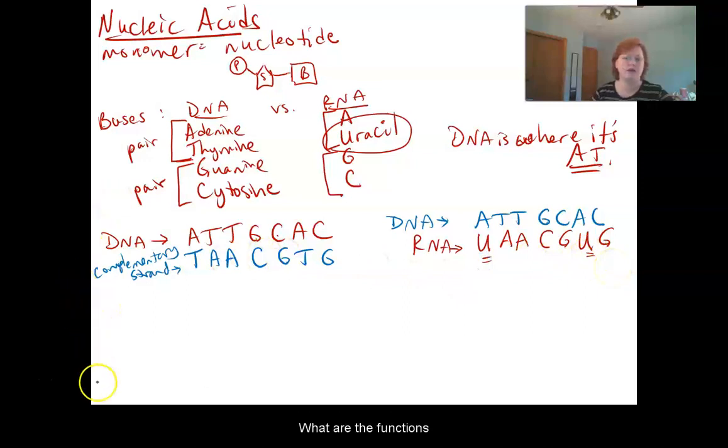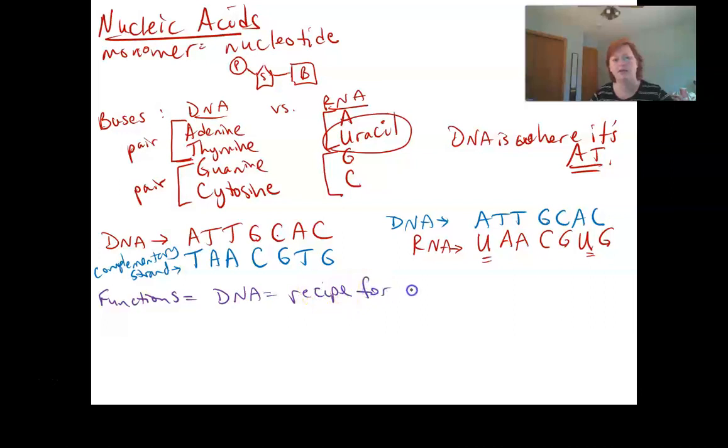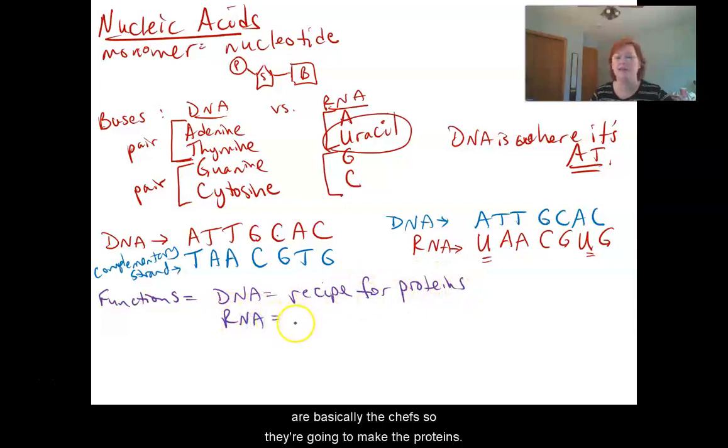What are the functions of nucleic acids? Well, for now, we kept it simple, and we said that DNA is the recipe for making proteins. And we said that RNA are basically the chefs, so they're going to make the proteins.